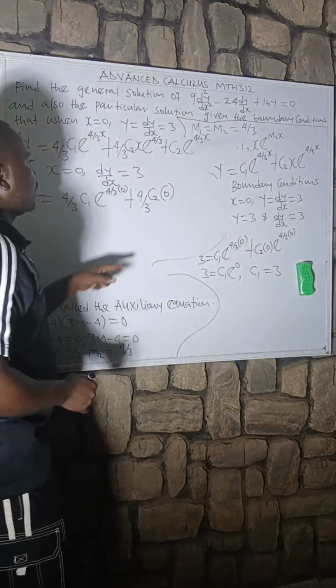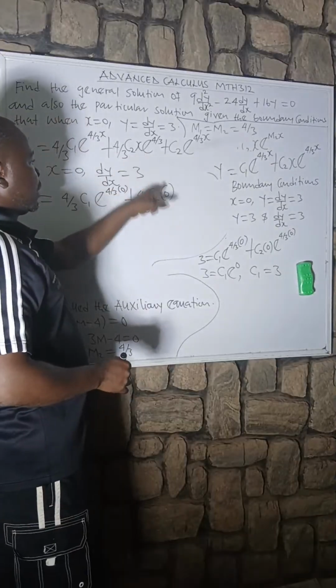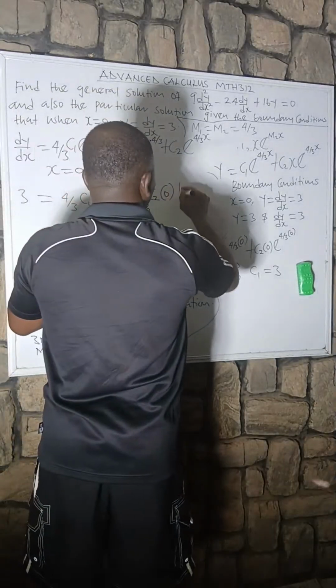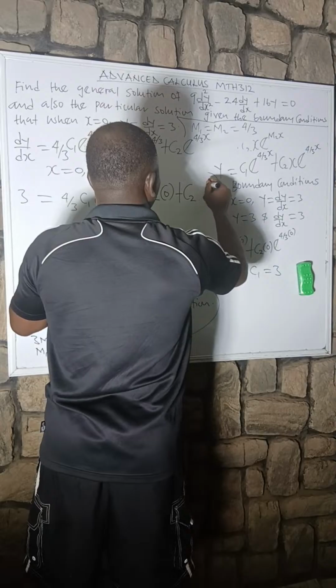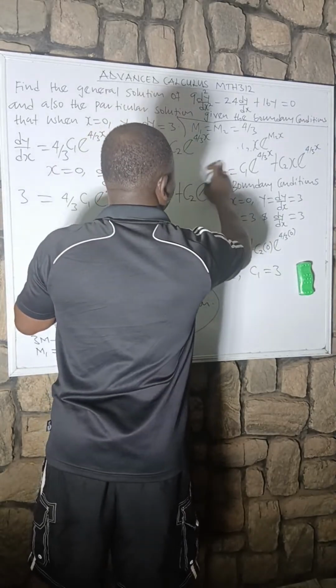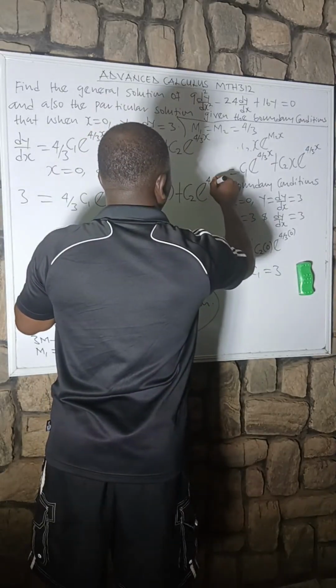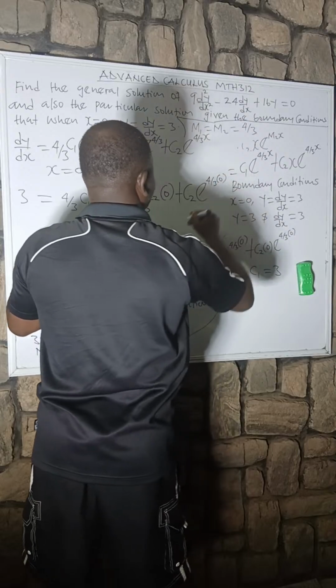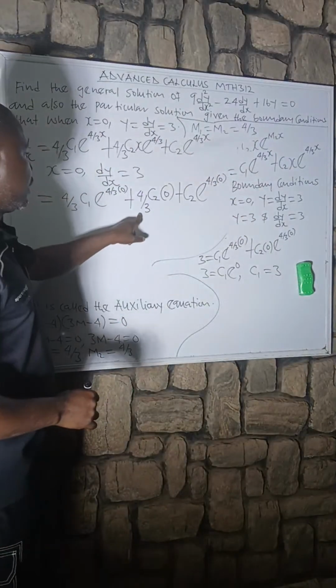True or false? Because of this x is 0, then plus C2 exponential 4 over 3 open bracket 0.